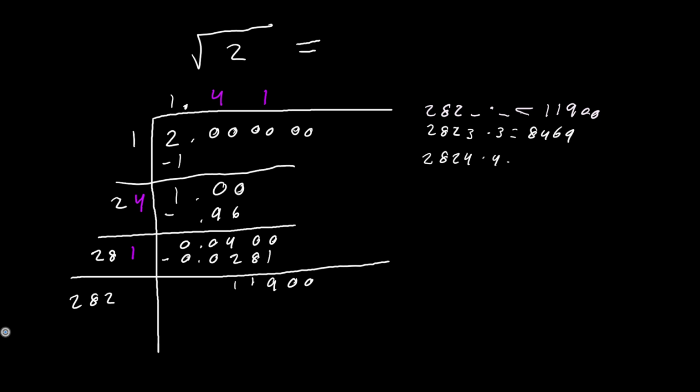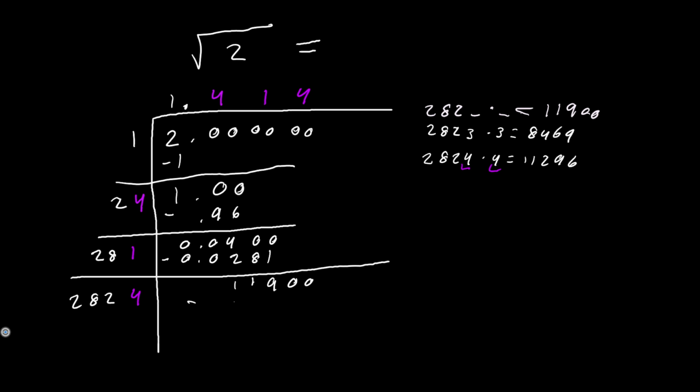2,824 times 4 is equal to 11,296. So we see that the number that is the closest to 11,900 is when the thousands place and it is multiplied by that number is 4. So now you have 4 and 2,824, and now we can go ahead and subtract it.